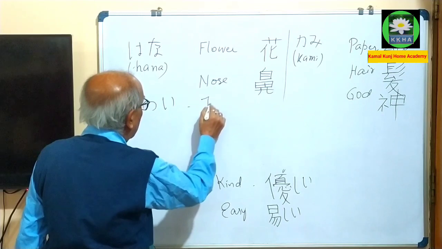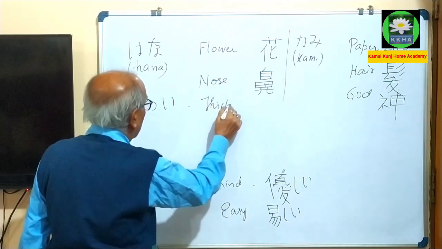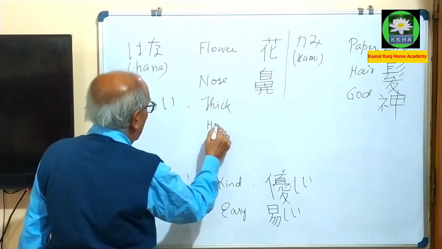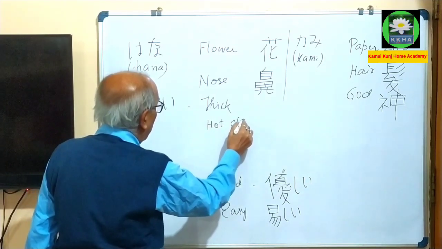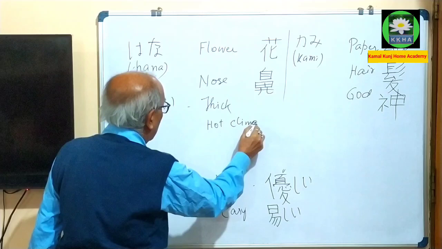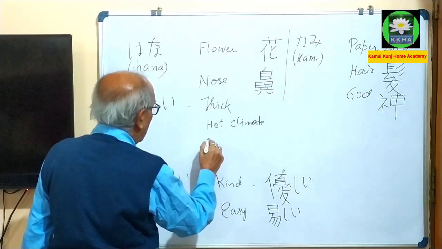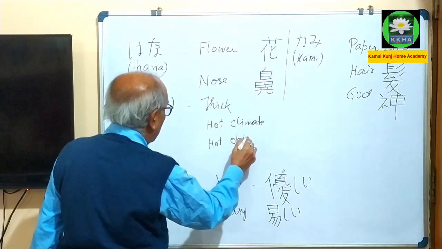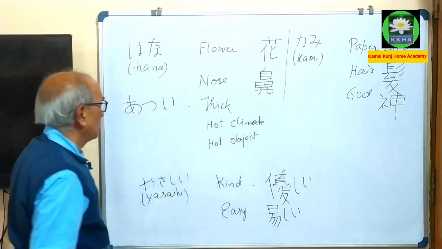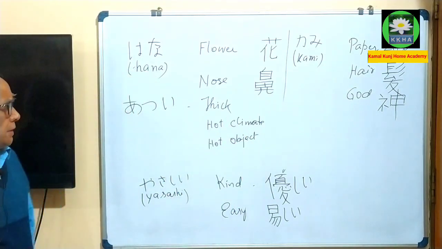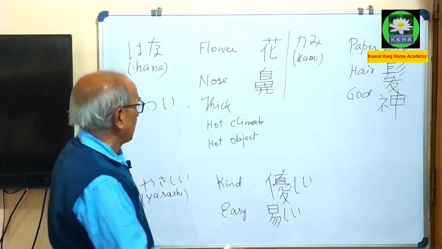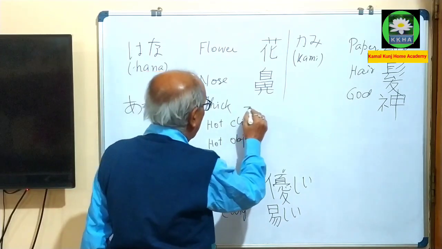Atsui means thick. Atsui means also hot climate. And also hot object. So how to differentiate between these? Atsui means thick, kanji is this.